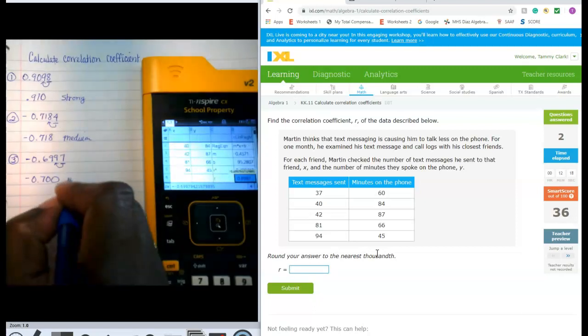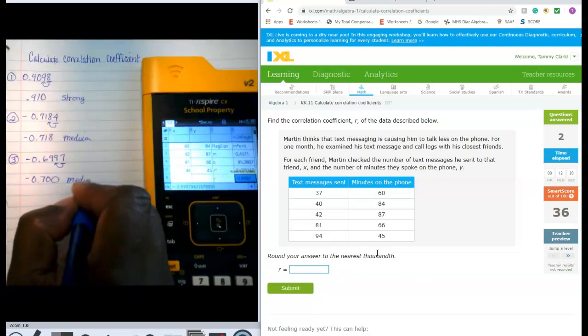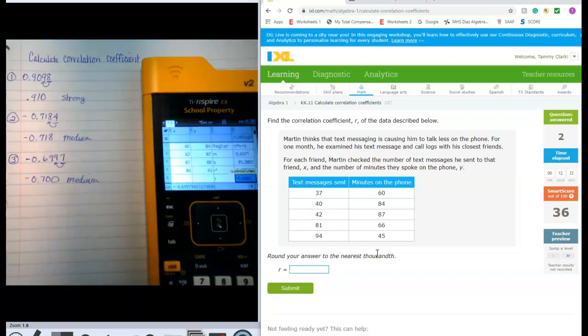This one also would be a medium correlation. So anything above, I'd say 0.8 to 1 or negative 0.8 to negative 1 would be strong. Anything between, I'd say 0.5 and 0.7, or even possibly 0.4 and 0.7, would be medium. Anything less than 0.4 is going to be weak.